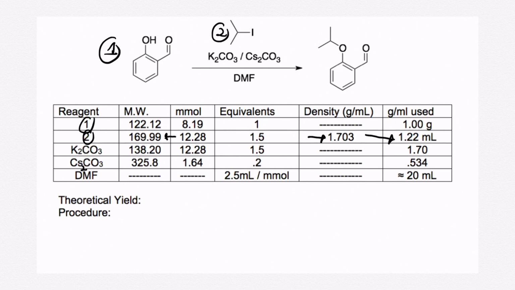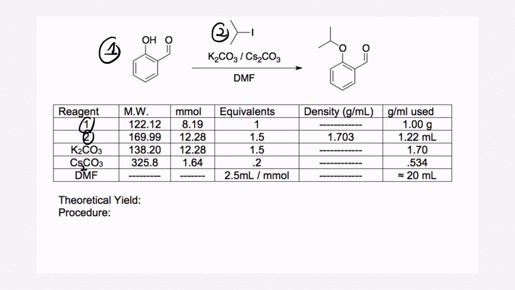I repeat the process with potassium carbonate, where I need 12.28 millimoles. So that's going to be 12.28 times the molecular weight of potassium carbonate, and then that's going to give me a value of 1.70 grams. And then same thing for cesium carbonate, right there.